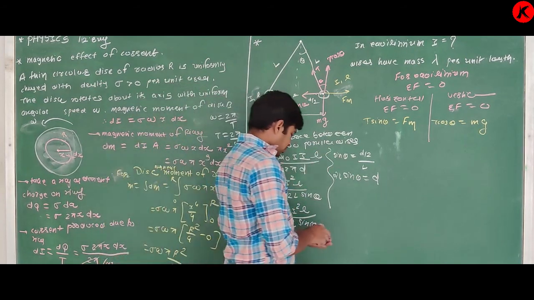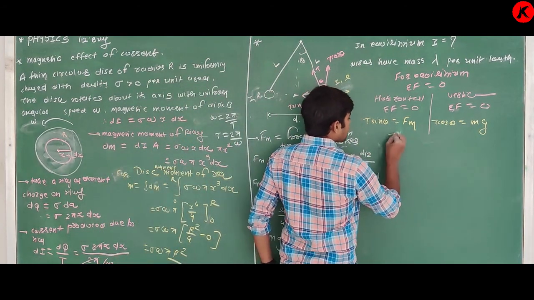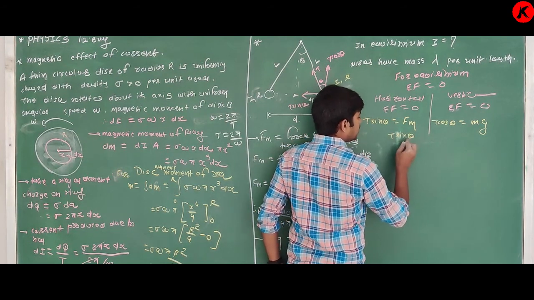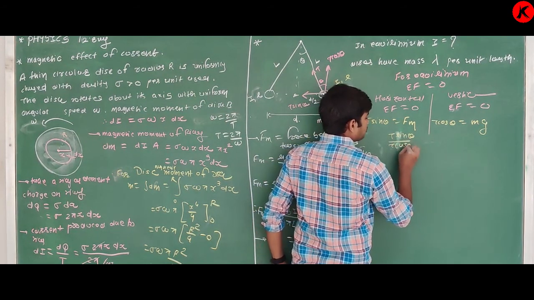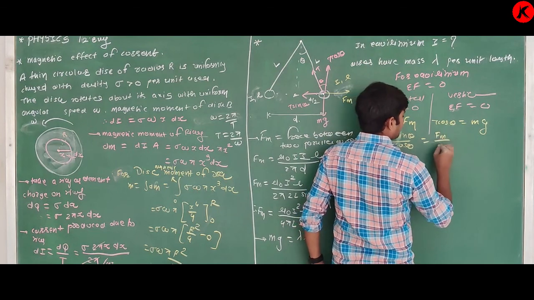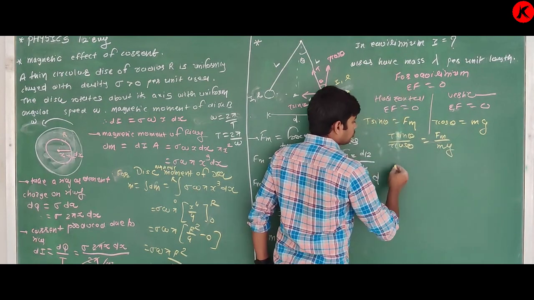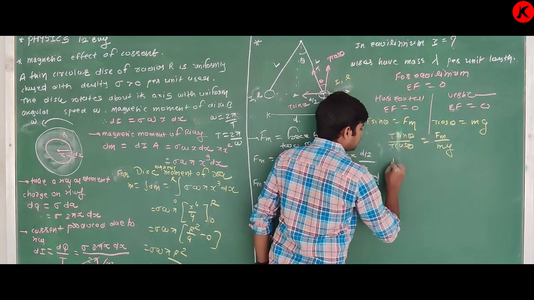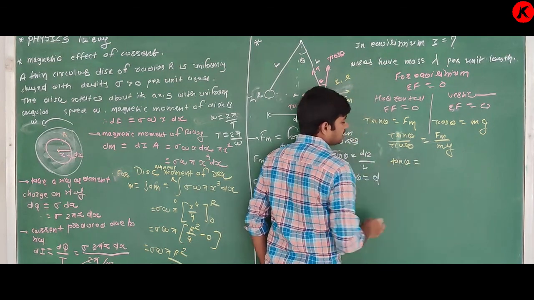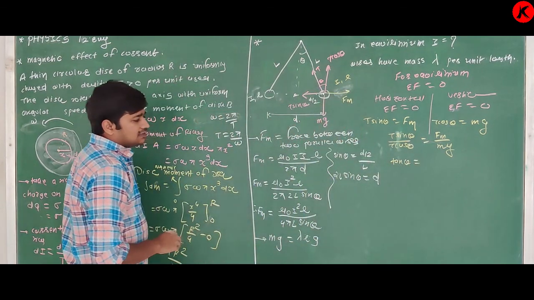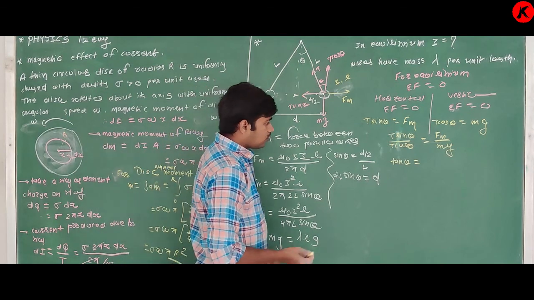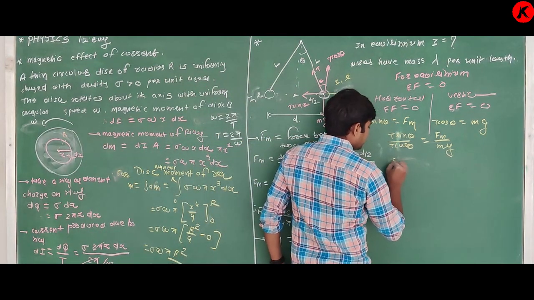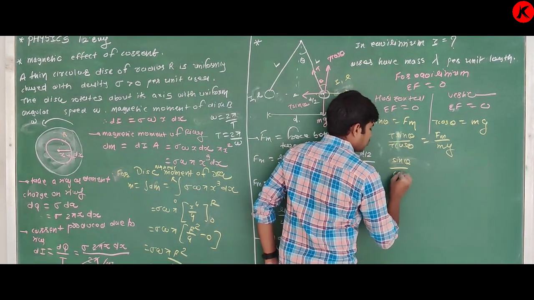Now in these equations, if you take the ratio, T sin theta upon T cos theta is equal to Fm upon mg. So T cancels, and tan theta is equal to, you can put the value directly here, sin theta upon cos theta.